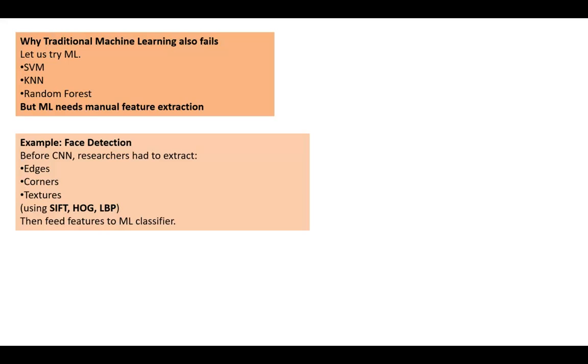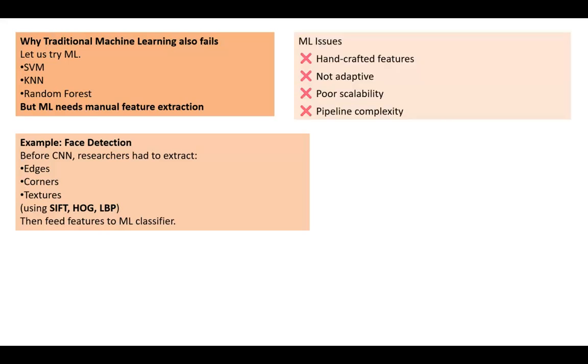Let us take an example of face detection. Before CNN, researchers would extract the edges, corners, textures, shapes using algorithms like SIFT, HOG or LBP, and then feed these to the machine learning classifier. This is a tremendous amount of work.